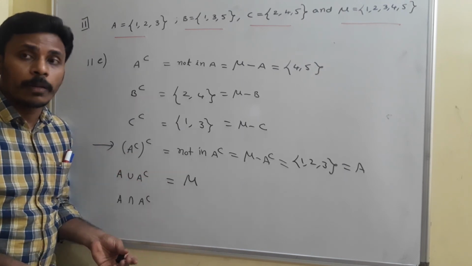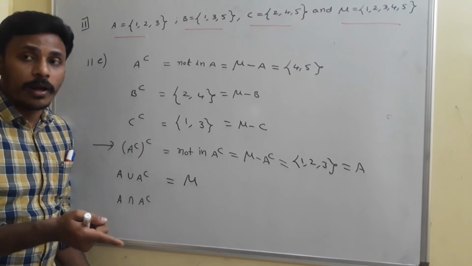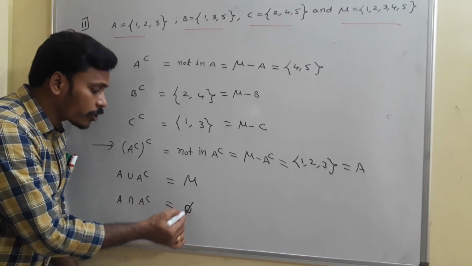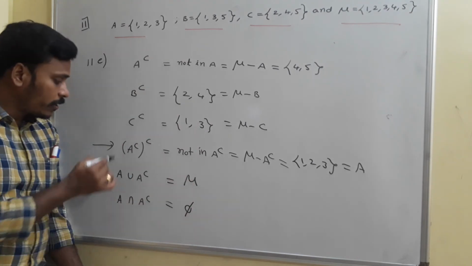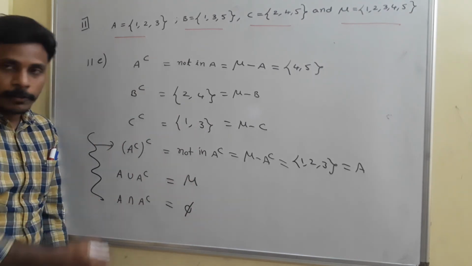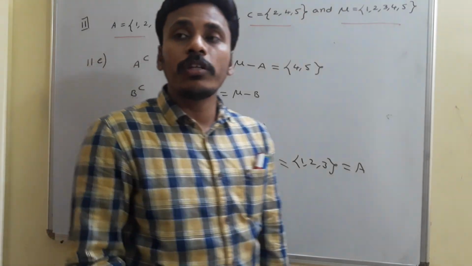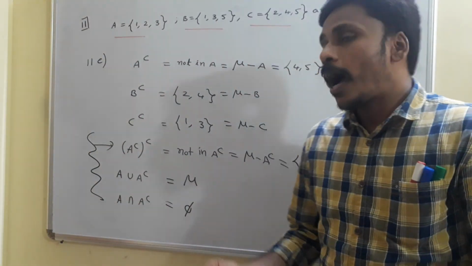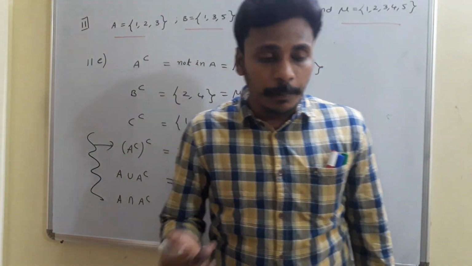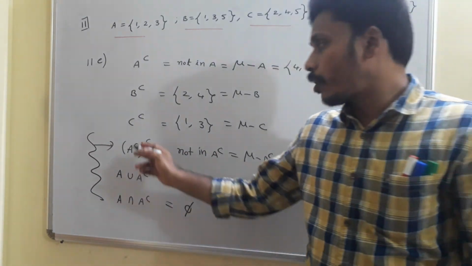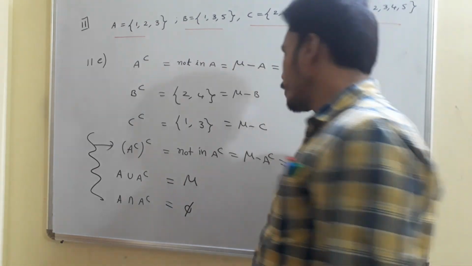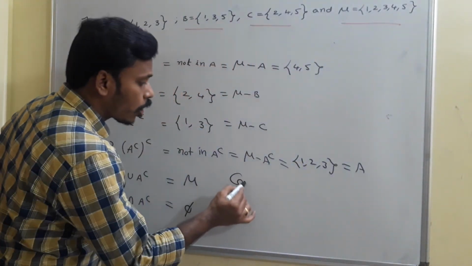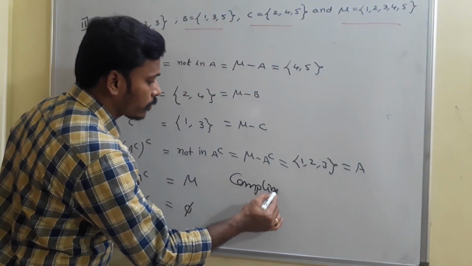Because there are no common elements, because those two are opposite to one another, its intersection is the empty set. So these are related to the complements: A union A complement is mu, and A intersection A complement is empty set, and these three laws are called the complement laws of sets.